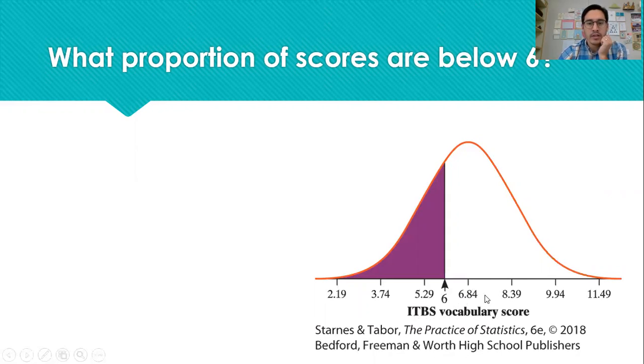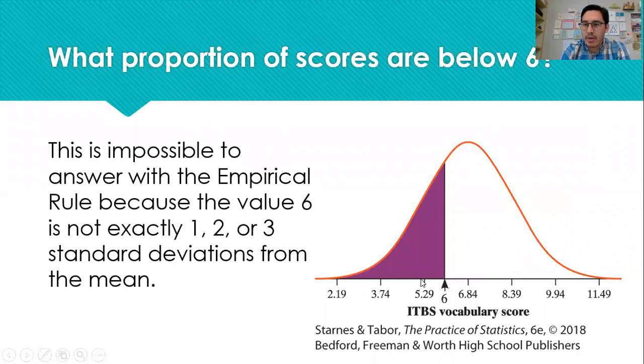Because a score of 6 doesn't fall exactly 1, 2, or 3 standard deviations from the mean, it's impossible for us to answer this question using the empirical rule. We can use the empirical rule to figure out the percent of scores below 5.29, because that's exactly 1 standard deviation below the mean. But 6 is a fraction of a standard deviation, so the empirical rule doesn't apply.